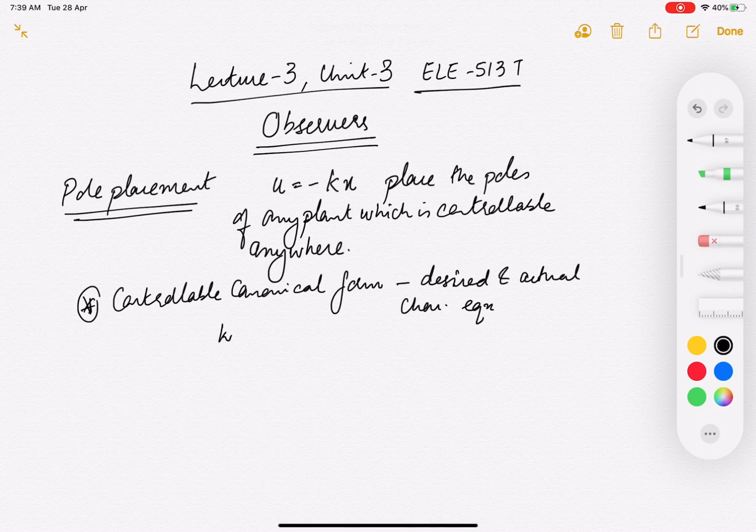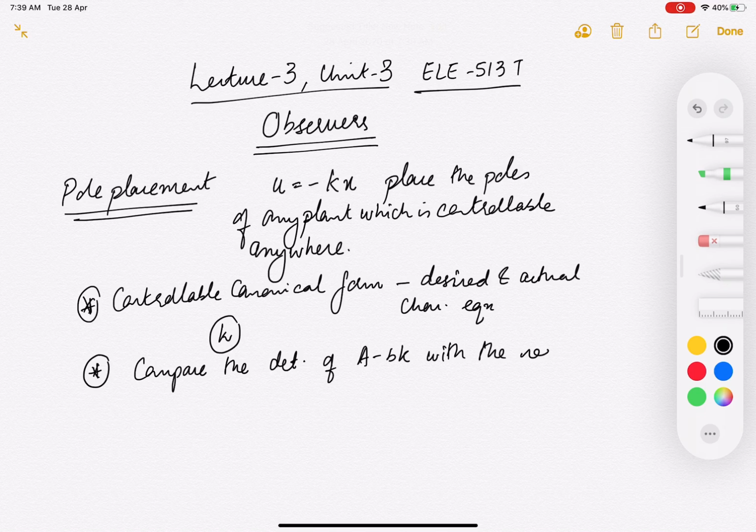This was the first lecture, and in the second lecture we saw that we can compare the determinant of sI minus A plus BK with the required characteristic equation to get the value of k.